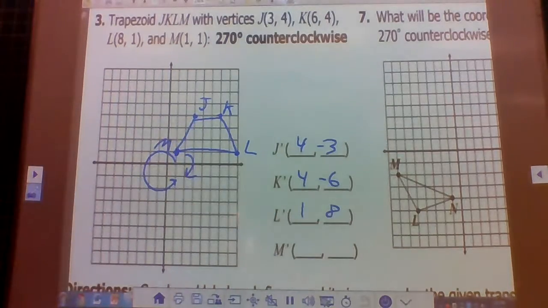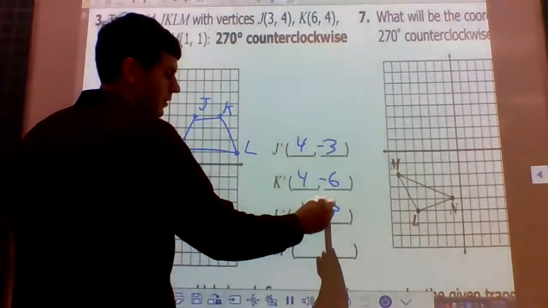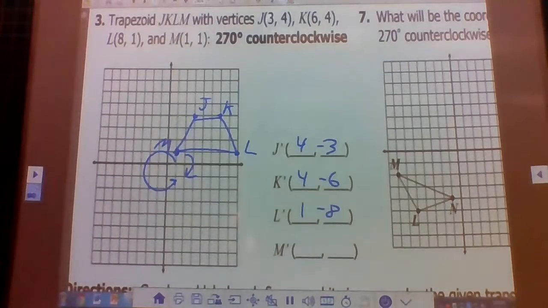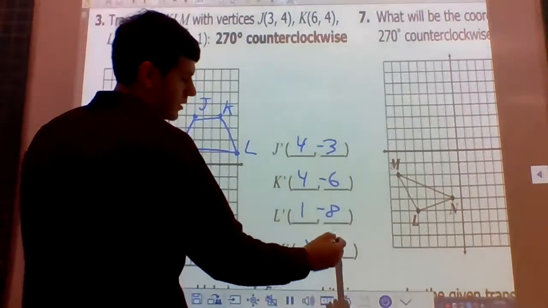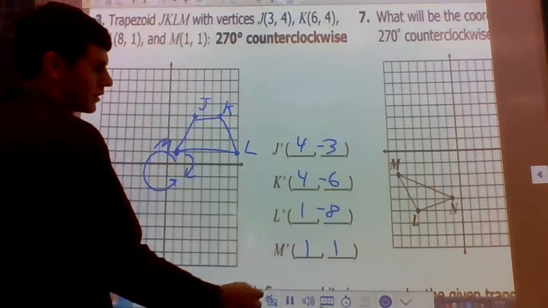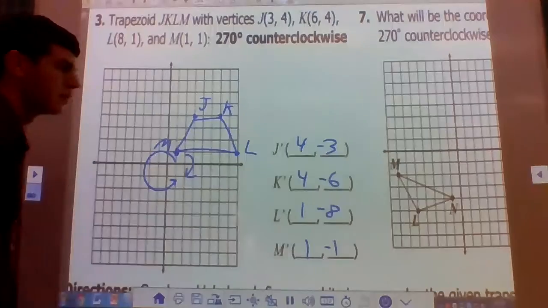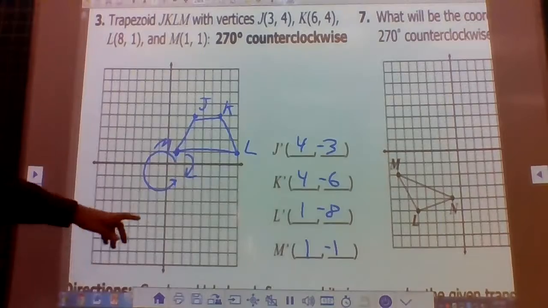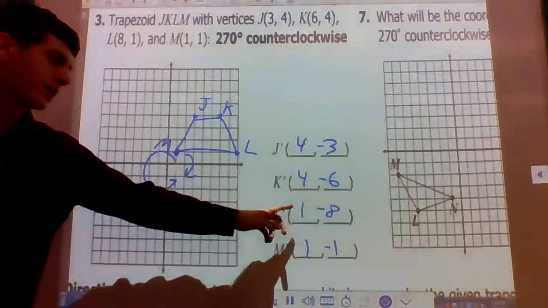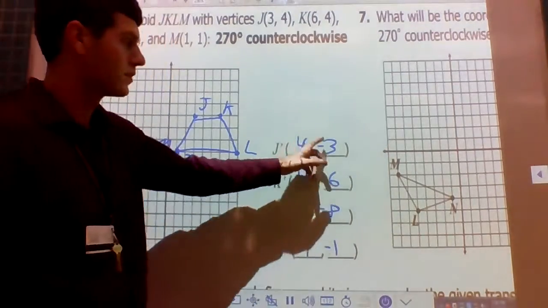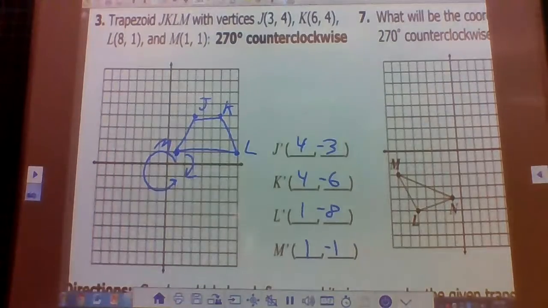Okay, and again, we're in quadrant 4, so that's going to be a negative 8. M, 1, 1, we're going to switch. And we're going to have to make it negative because we're in quadrant 4, so positive, negative. Okay, so let's graph it out.